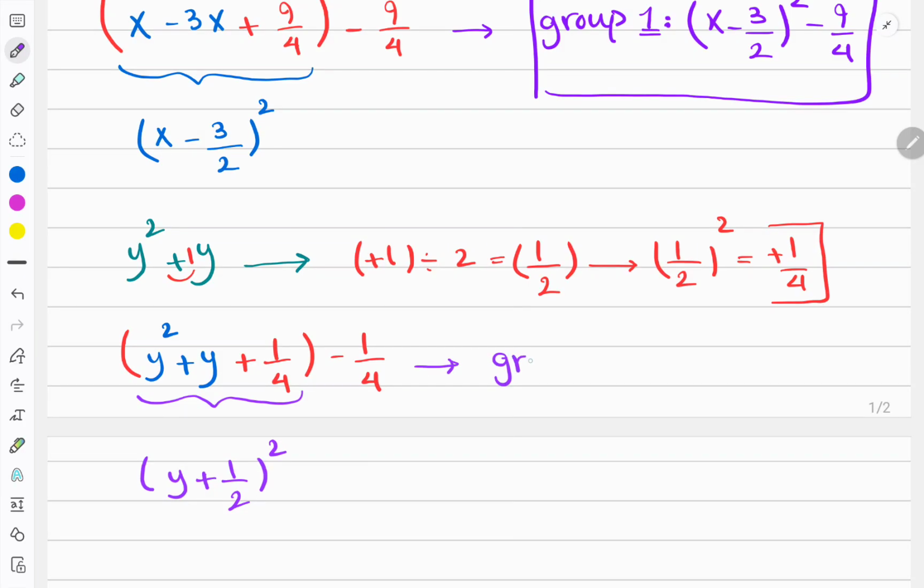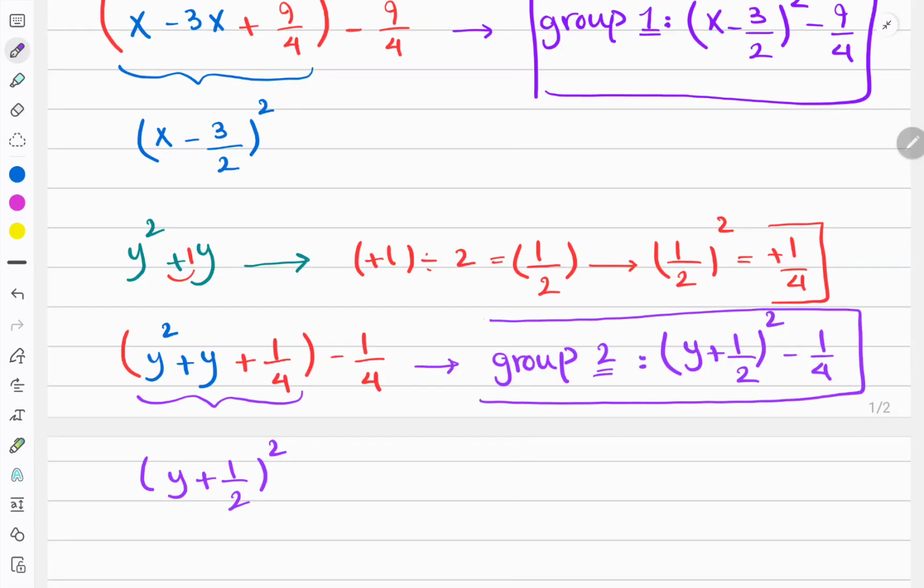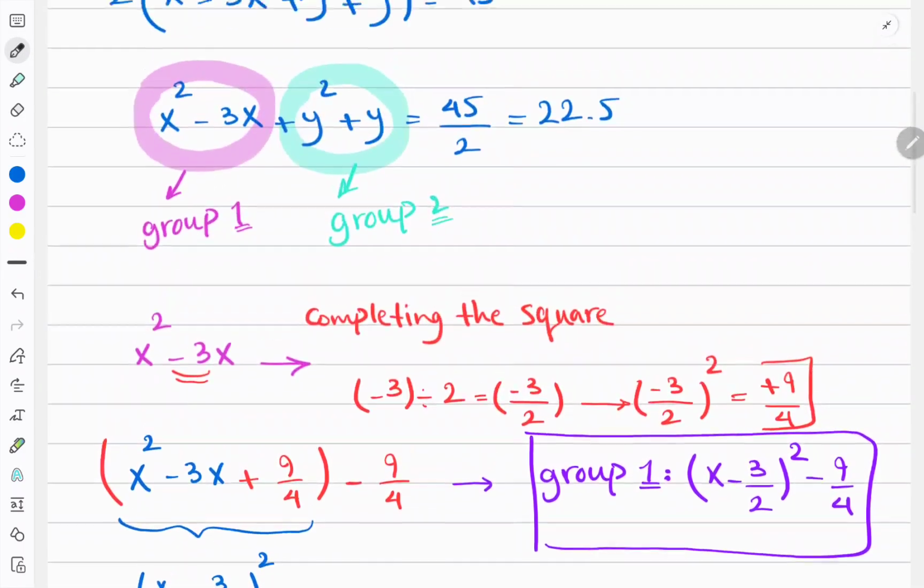So for group 2, we have (y plus 1/2) squared minus 1/4. Okay. So far, so good.